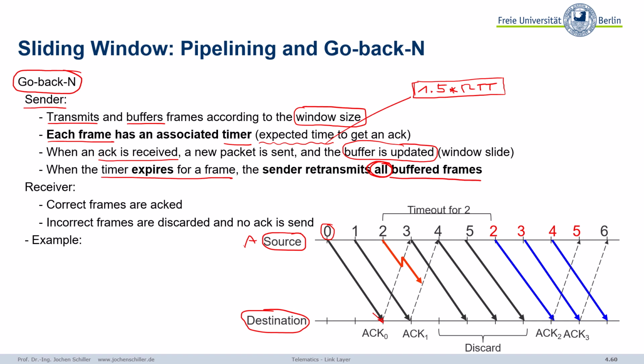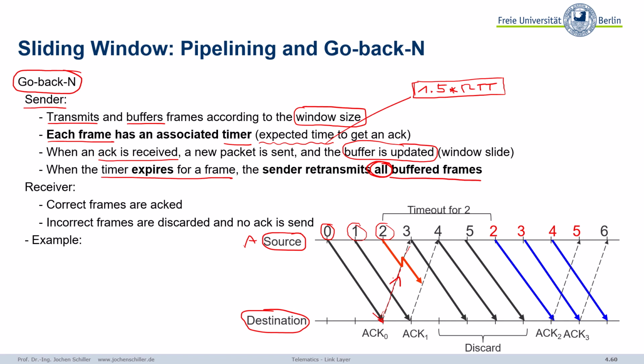But as we have a window, we also send frame 1, frame 2. And the receiver sends back the acknowledgement for frame 0.